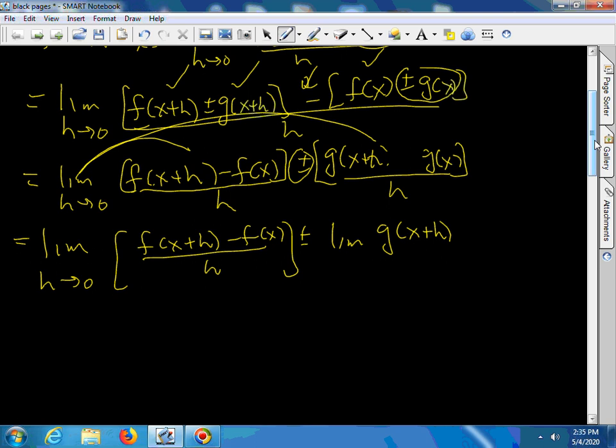Let's see what's going on. So when I take away this, it'll become minus plus. Minus plus this limit.